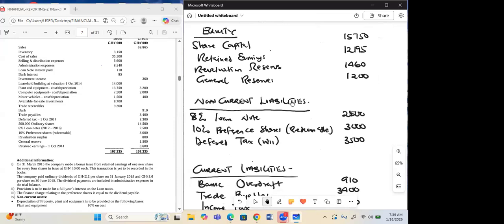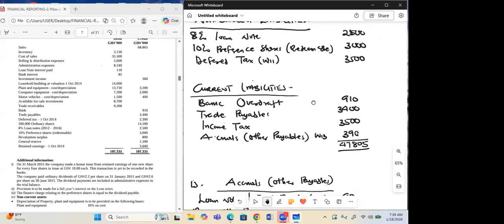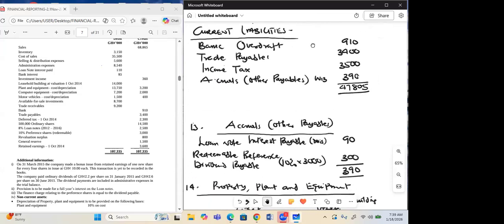Take this. Are you okay? Yes, sir. Is everybody fine? Can I move on? Yes, we are fine. Then the current liabilities. Take this and then the working 13. Are we okay? Yes. Then the last working, PPE.